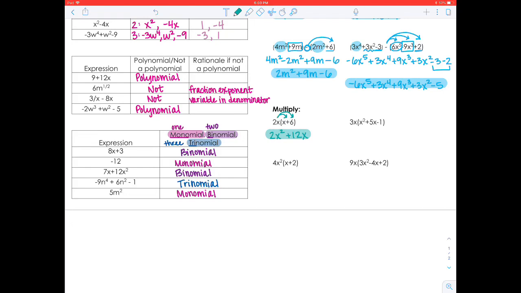Okay, the second example is very similar. We're multiplying a monomial times a trinomial this time. So you're still going to distribute, you're just going to distribute to 3 terms. So this is going to be 3x times x squared.